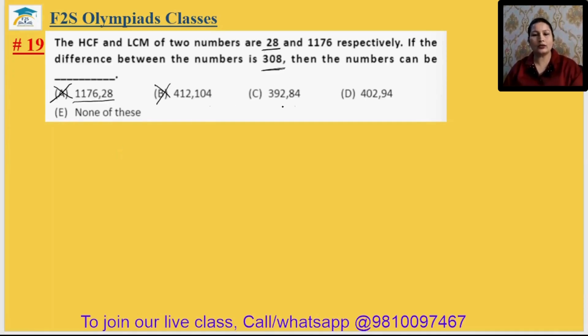Here it can be divisible by 28, but 94 cannot be divisible by 28, so D will also be rejected. The answer will be C. The 19th answer is C. You can find the LCM of option C and check whether its LCM is 1176 or not.